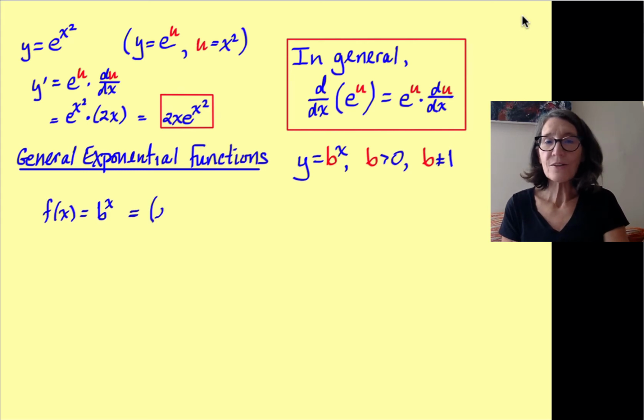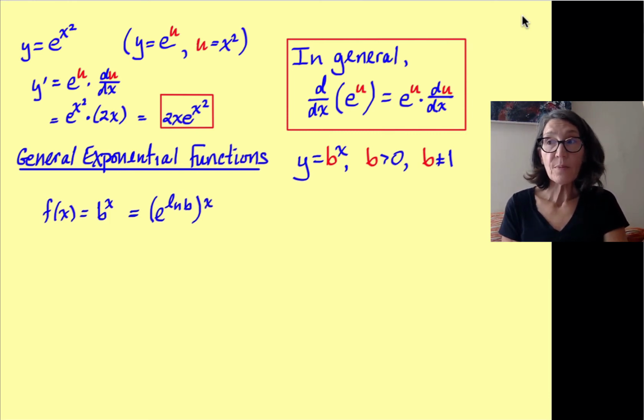So the first thing I can do is rewrite the number b as e to the natural log of b. Remember, the natural exponential function and the natural logarithmic function are inverses of each other, so they undo each other. So e to the natural log of something is just something. So that's the number b, and we're raising it to the x.